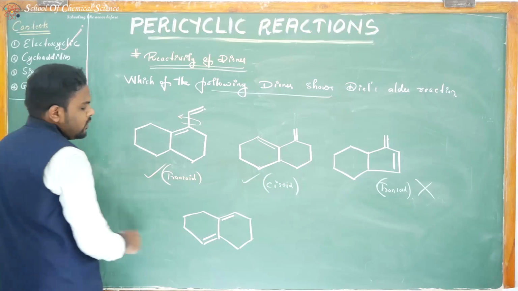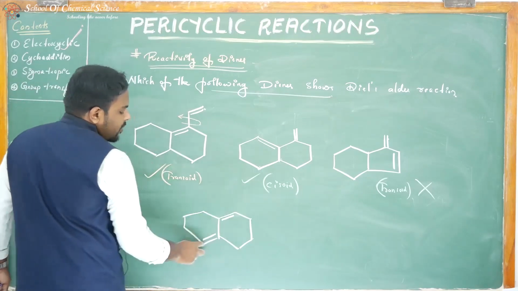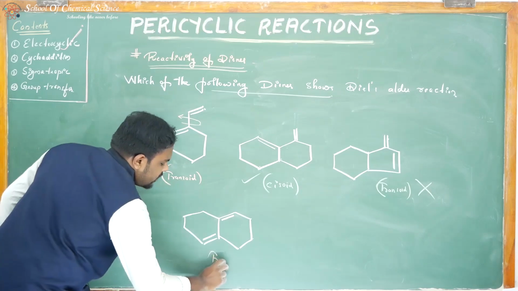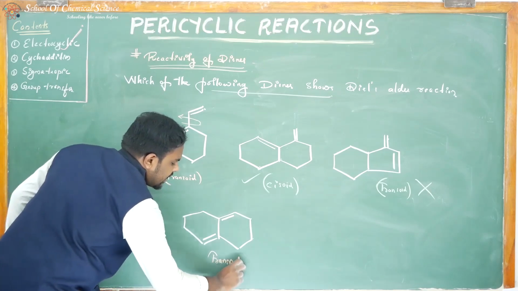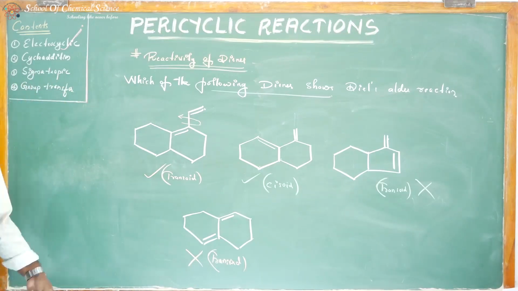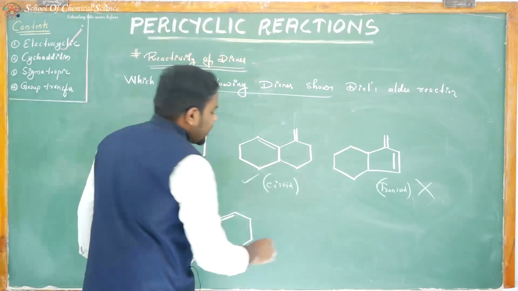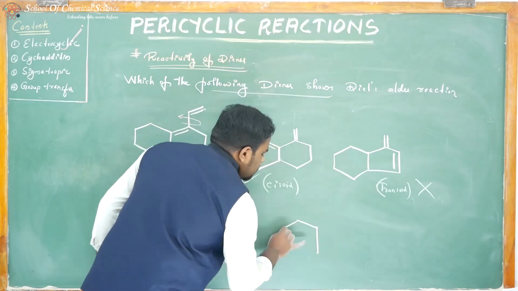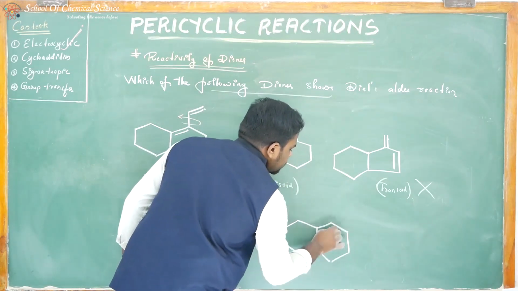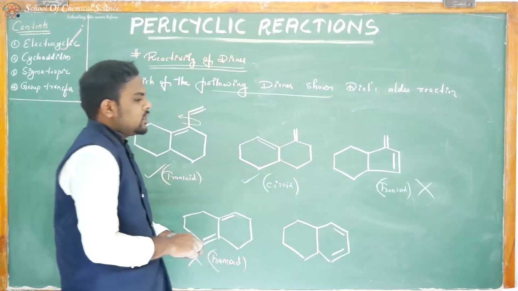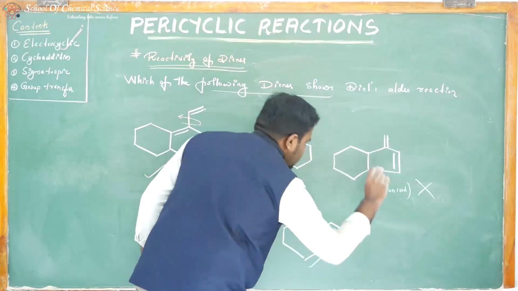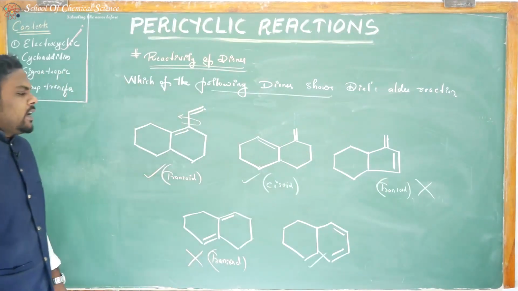The two double bonds are on opposite sides and this is a ring, so it is in transoid form and free rotation is not possible. So this compound does not show Diels-Alder reaction. Then this one: this is already in cissoid form and will show Diels-Alder reaction.